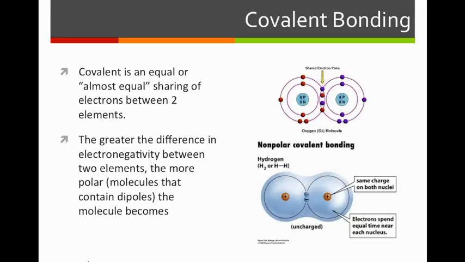If there is unequal sharing that does not result in an ionic bond, most oftentimes you will see a polar covalent bond. Polar means somewhere there is a plus side of a molecule and a minus side of a molecule, where electrons might spend more of their time by, but not completely, as you would see in ionic bonding.